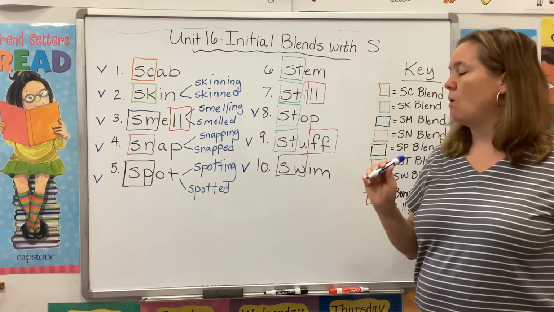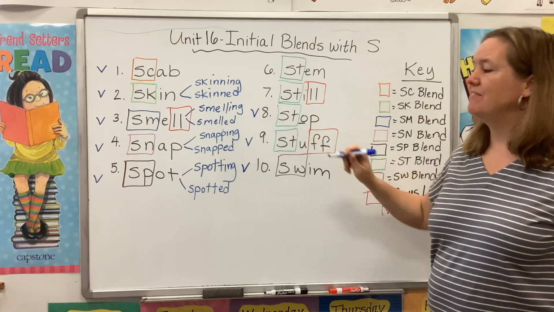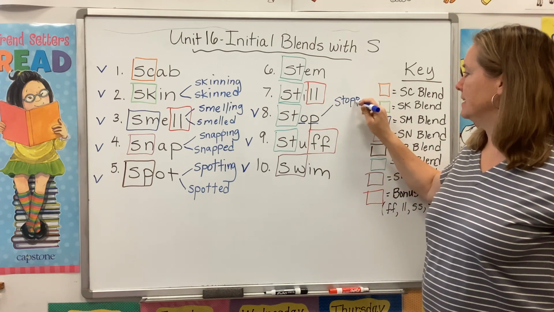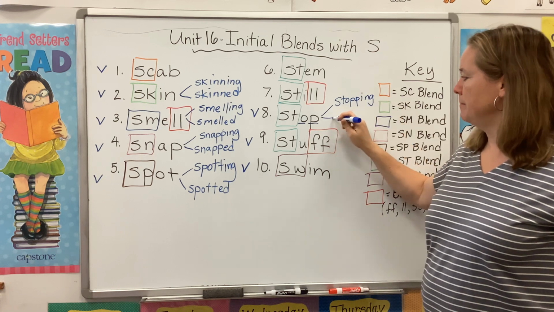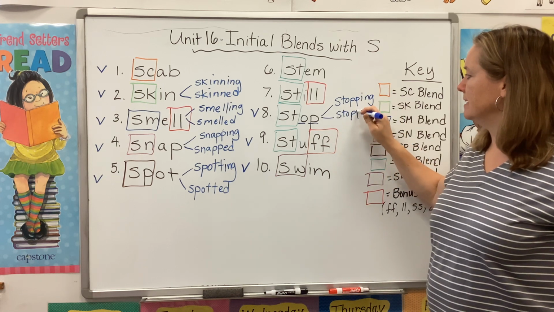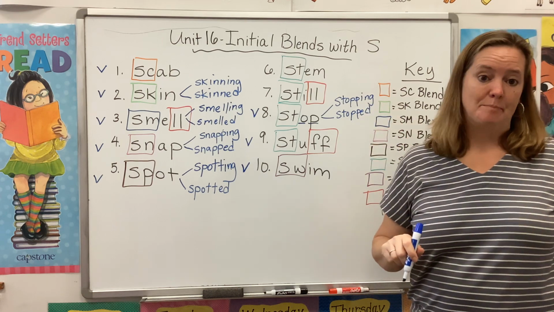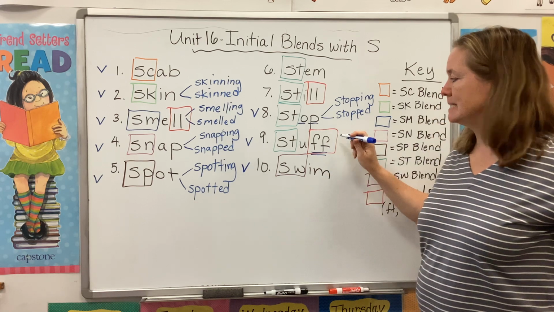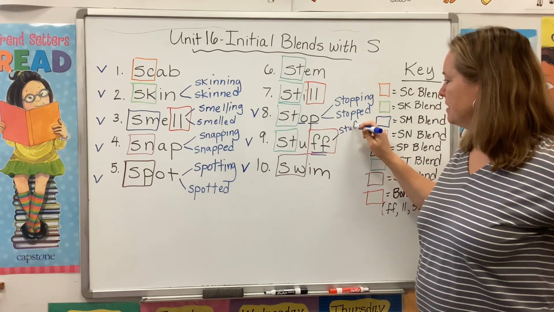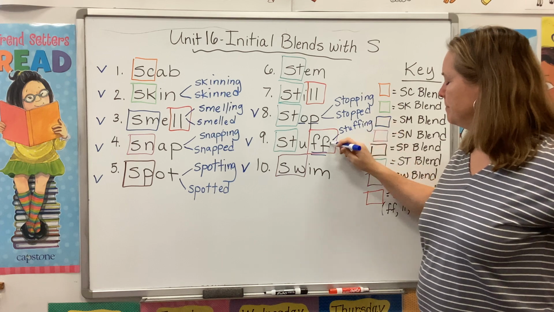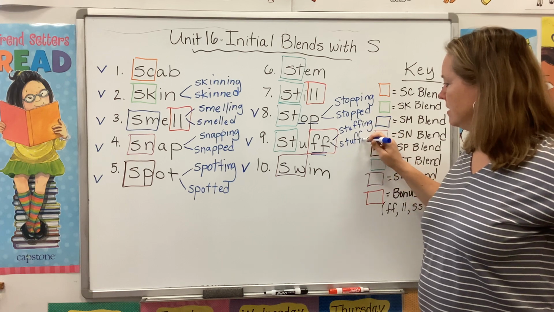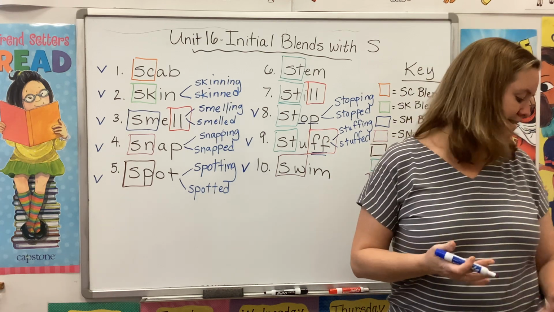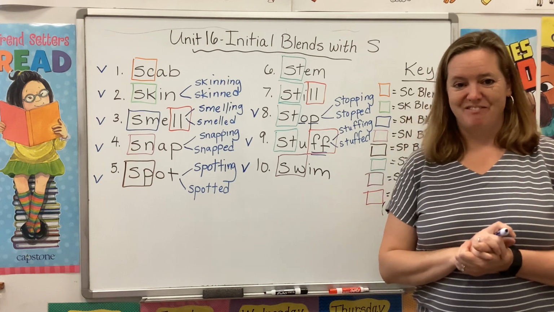The doubling rule only fits when we have one vowel and one consonant. Double the consonant, add ing. Double the consonant, add ed. If my word already ends with two consonants, easy peasy, I don't do anything. I just add my ing or I add my ed, okay? Like I said, you will practice that some more when you get to page 105.